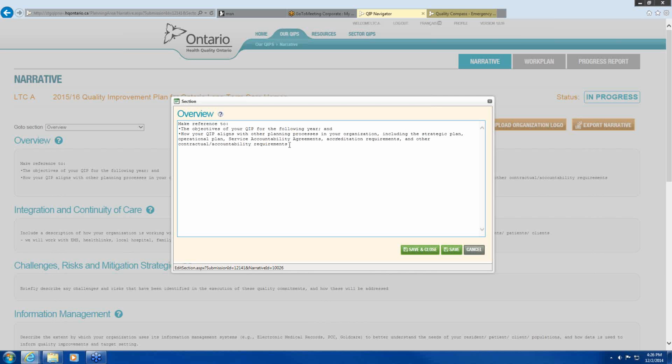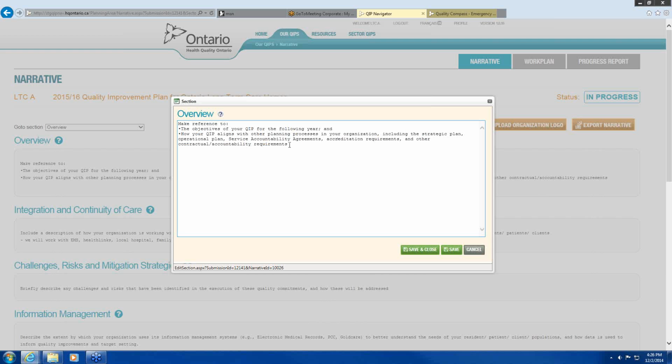Initially, when we were talking about the narrative section, it was suggested 2 to 3 pages. And I don't think Trish or I have ever seen a narrative that was that short, but we've also seen ones that are 30 pages, and that's really hard to get to what is the essence of your organization.